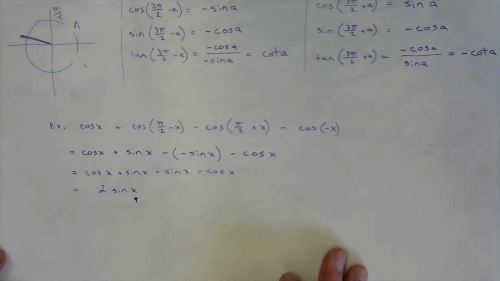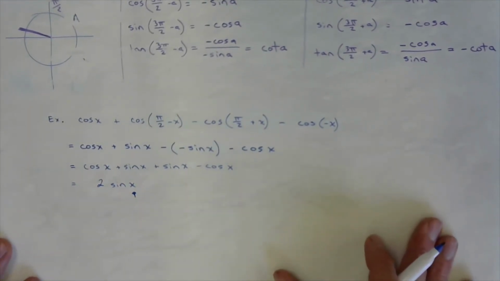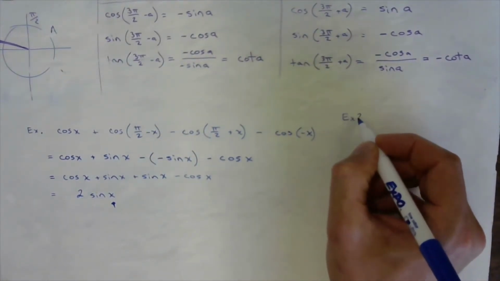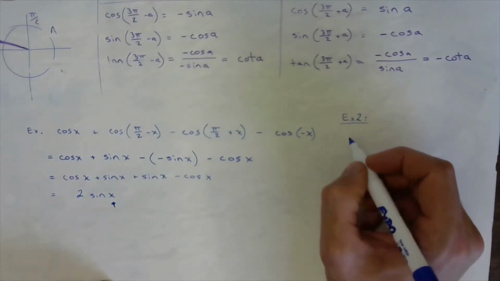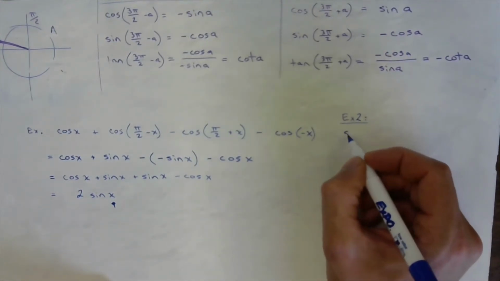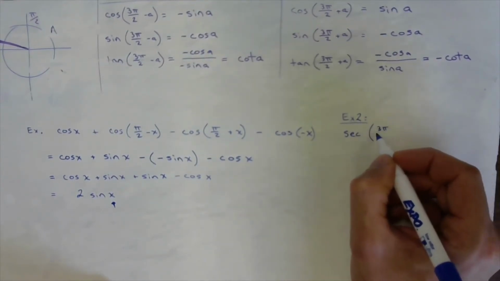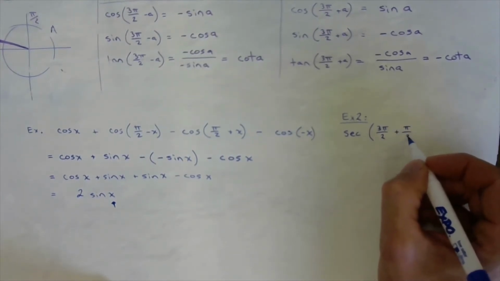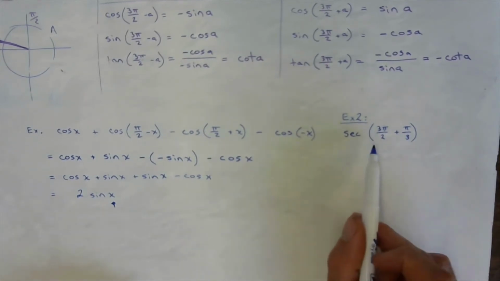In example 2, we know the angle. I'm going to slide over. I think I can fit it here onto the right. Example 2 asks us to evaluate, so we're actually going to be getting an exact value. We have the secant of 3 pi over 2 plus pi over 3. They've already split this angle into 2 angles.